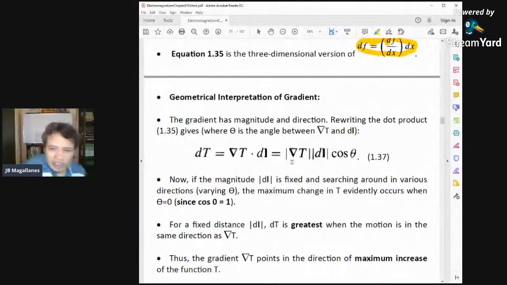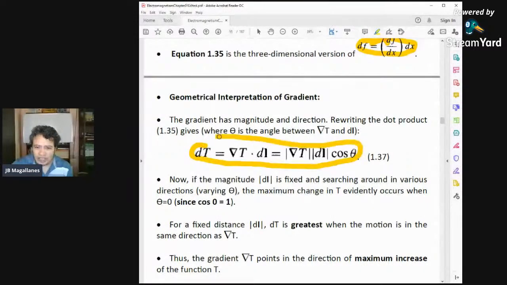What is the geometrical interpretation of a gradient? So this is your gradient here. And of course you can write the total derivative of dt as the gradient dotted to dl.